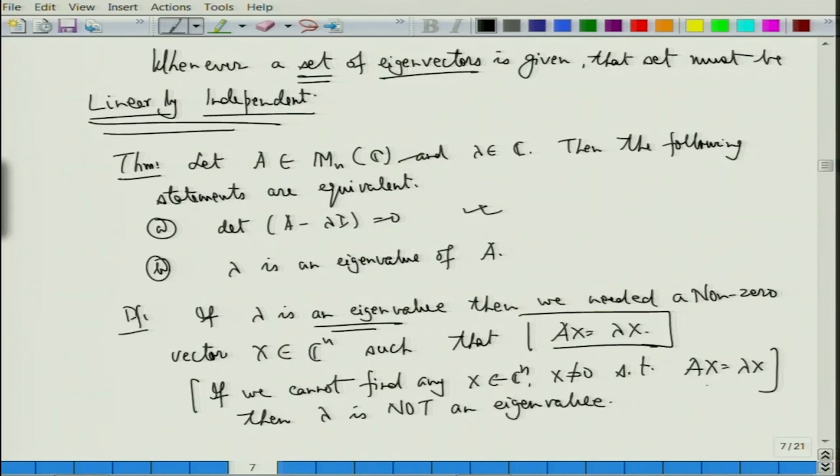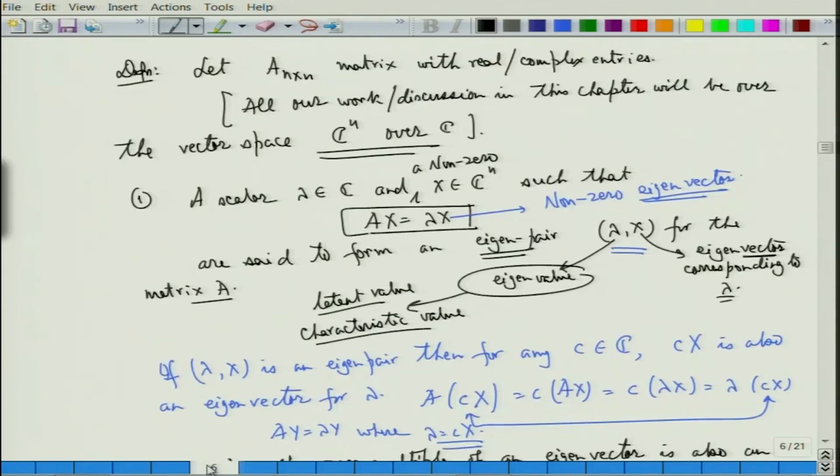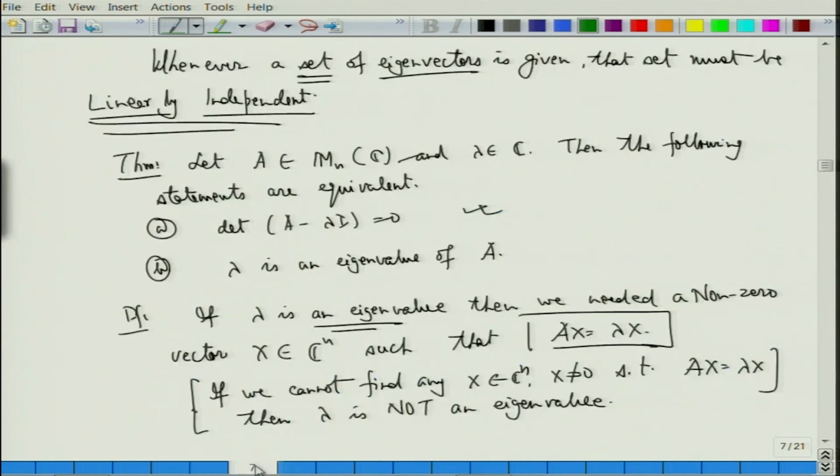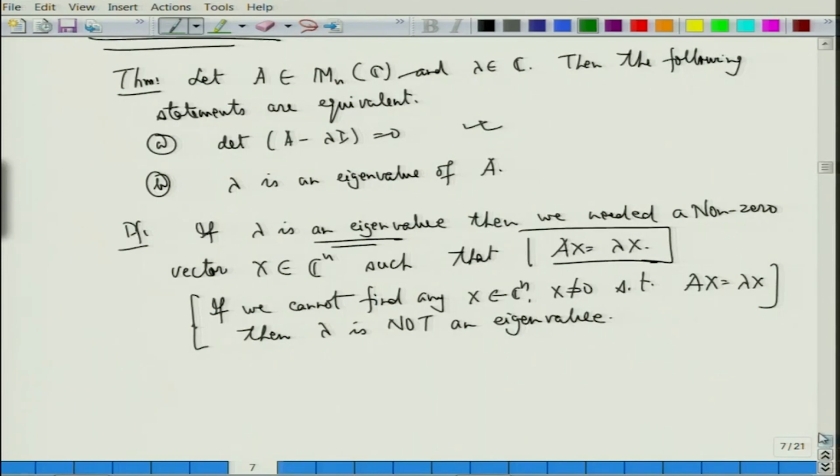All right, this is what you have to be careful about. The definition clearly says that a scalar lambda belonging to C and a non-zero x such that this happens are said to form an eigenpair, and from that eigenpair you get the eigenvalue and corresponding eigenvectors. If you cannot get a non-zero x satisfying Ax equal to lambda x, then you do not have an eigenpair. That is very, very important. So let us try to prove that A and B are equivalent.